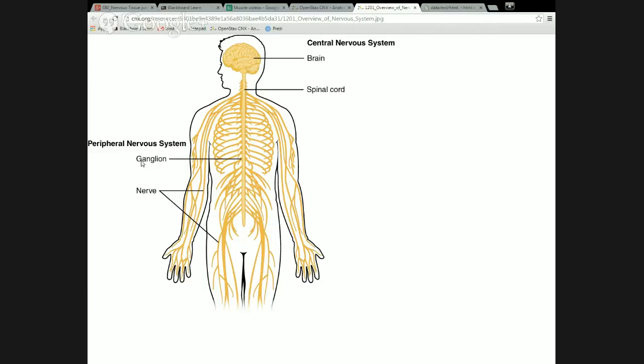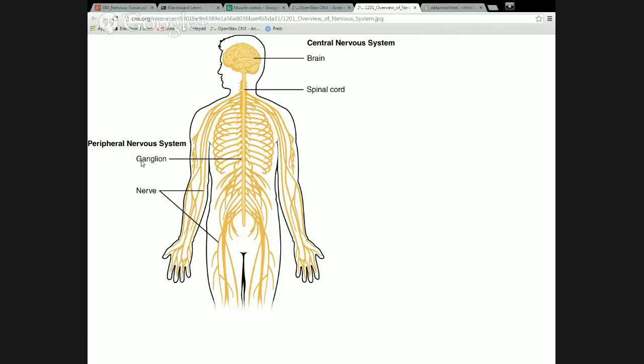For, quote, lower life forms, invertebrate animals like worms or bugs or whatever, they don't have a brain and spinal cord. Their nervous system is made up just exclusively of ganglia.